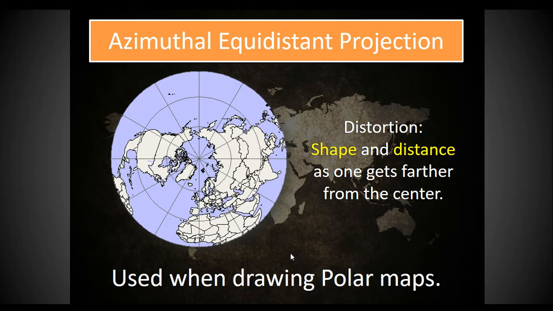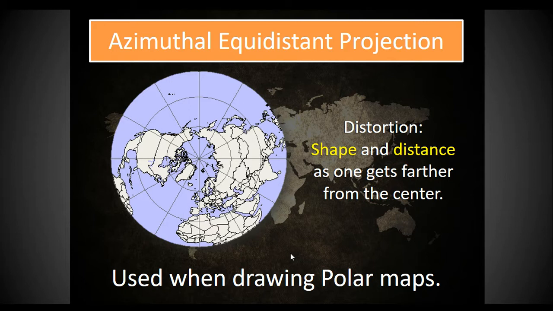So if we look at the name of it, though, an azimuthal equidistant projection, we see distortion. All right. The bottom half of the globe is going to be distorted and some of it kind of lost. All right. The shapes are definitely going to be distorted, based on how they're angled out. The distance is definitely going to be tougher to gauge, especially the further you get from the center.